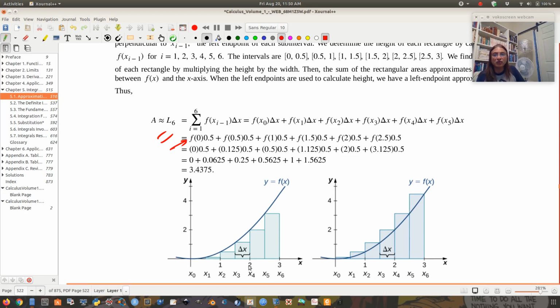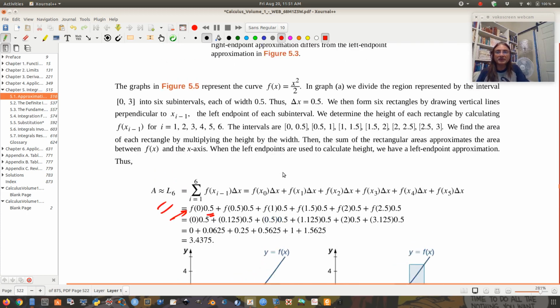So (3 minus 0) over 6, each value is 0.5. So the points we have are x0, x1, x2, x3, x4, x5, and x6. You take f of 0 times 0.5, f of 0.5 times 0.5, and so on, depending on whatever the function is.